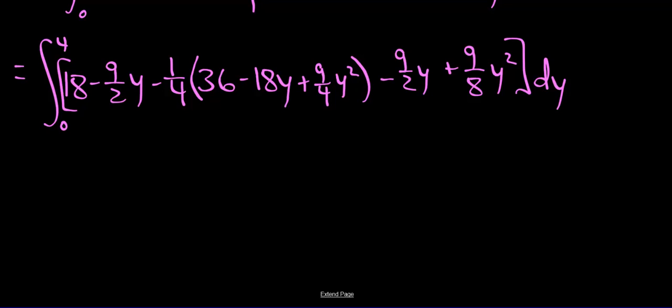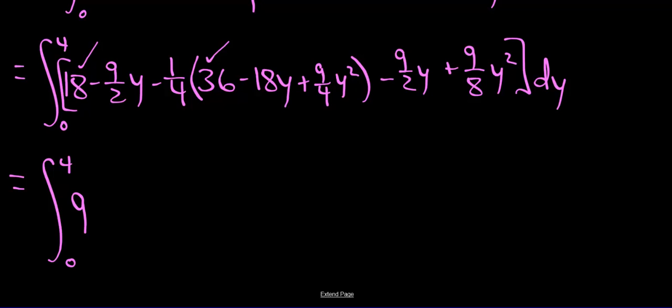Now we're getting ready to integrate, so I need to see if I can add like terms. So let's see what I get now, from 0 to 4. I've got 18 minus 9, so that's 9.